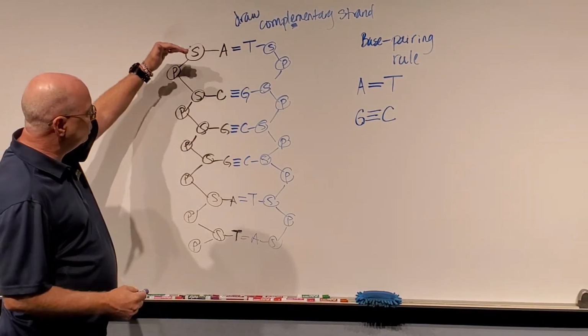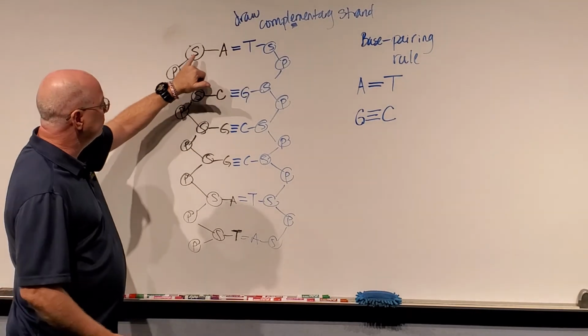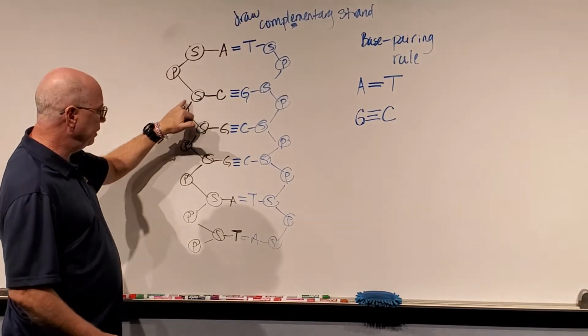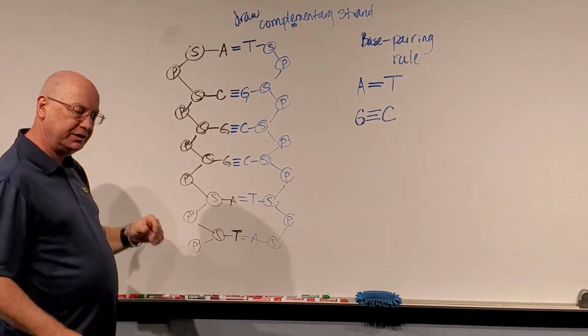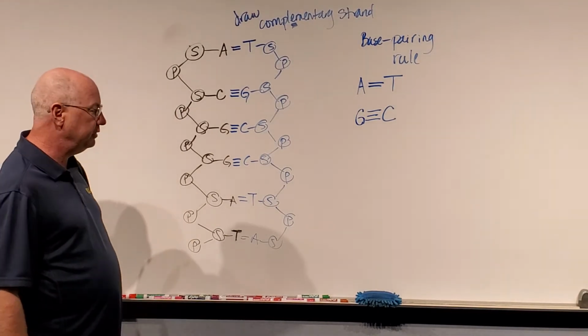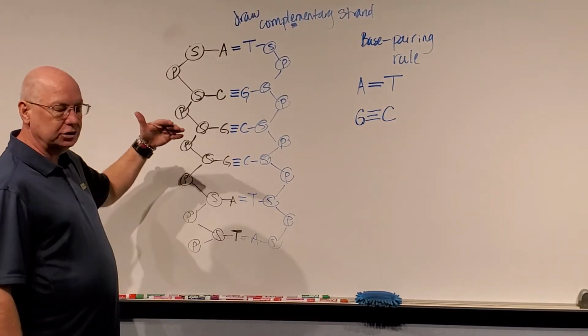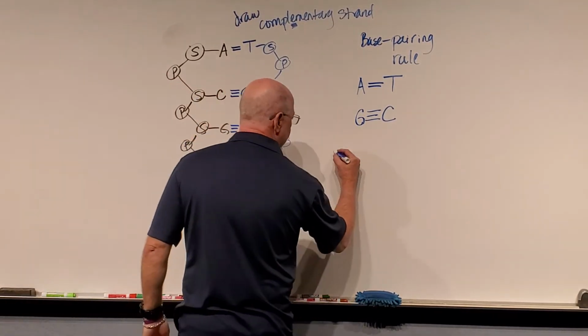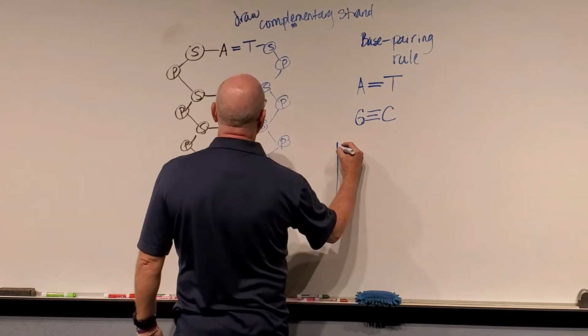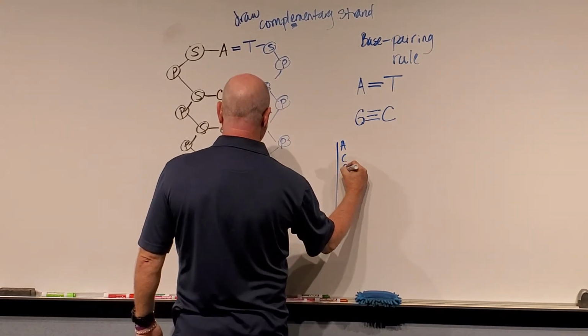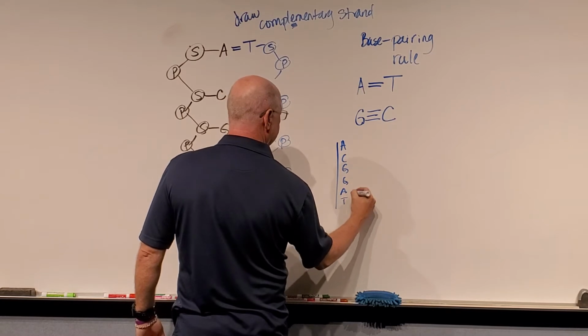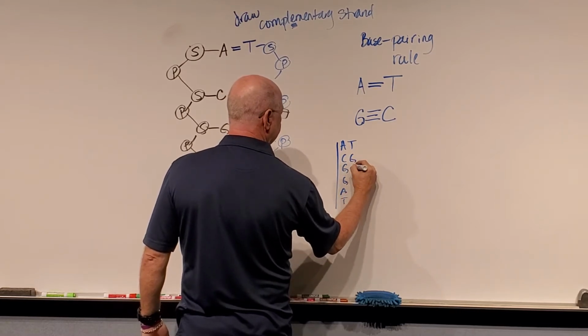And because scientists know once they see the thymines that this must be deoxyribose, and they already know that this is a given, it does not change from one strand of DNA to another, when we use a shorthand to write this, someone might write this sequence like this, A, C, G, G, A, T, and the complementary strand would be this.